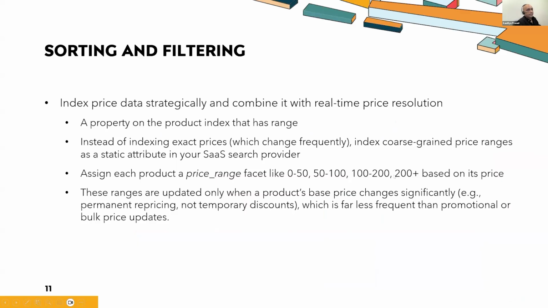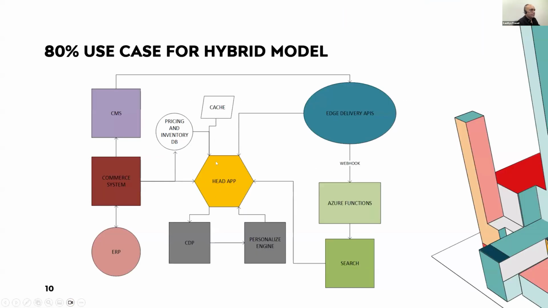Their range may be this, but sometimes it's $201. Some companies allow that to be surfaced in this range because it's a rule. Why should we lose the customer? There's a threshold of maybe $1 or $2 more we'll show you, because are you going to leave that product if you like it for $2? No. So a lot of discussions need to happen, and based on that, the head app makes that decision, and that's how you're going to index.